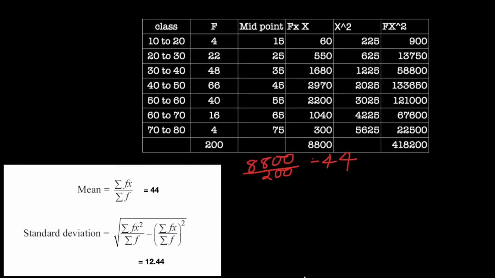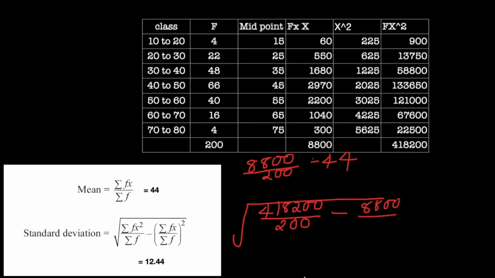For standard deviation, we have the root of sigma fx square, which is 418200, divided by sigma f, 200, minus sigma fx, 8800, divided by sigma f, 200, whole square. So we will get 12.44, which is also already given here. So we got the mean and standard deviation.